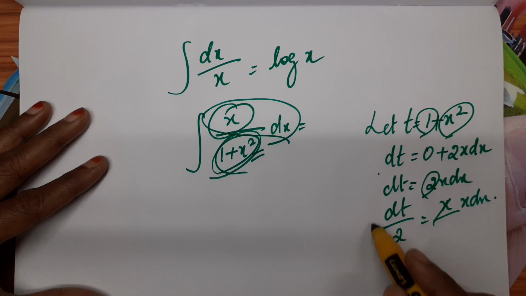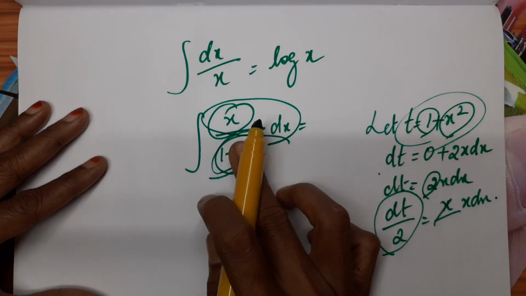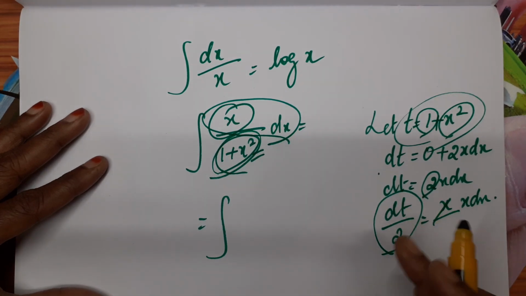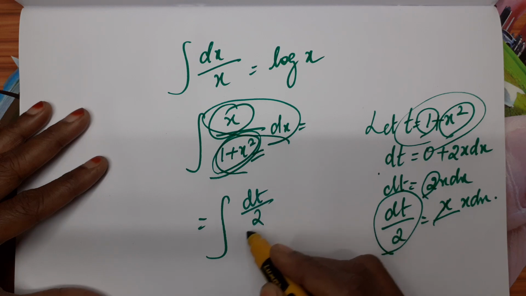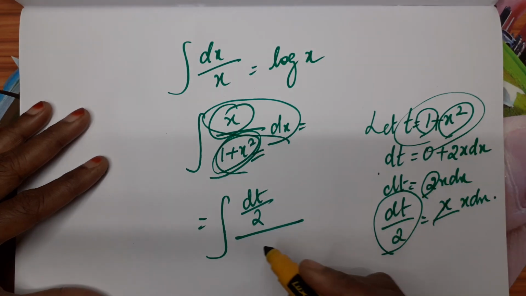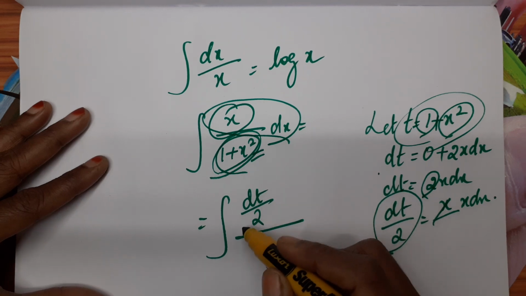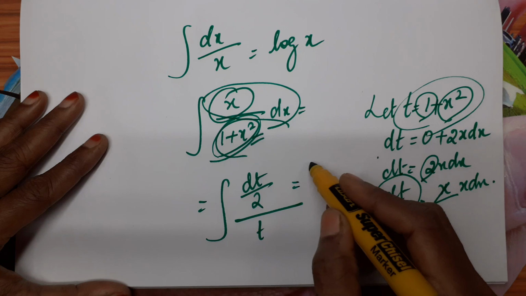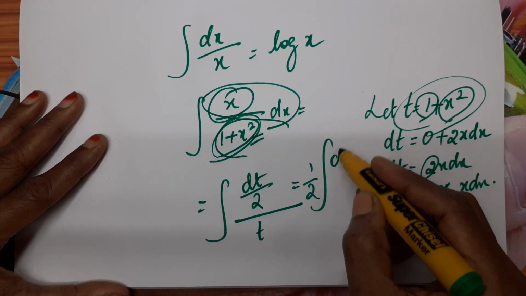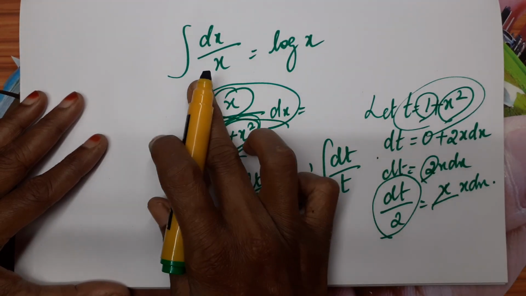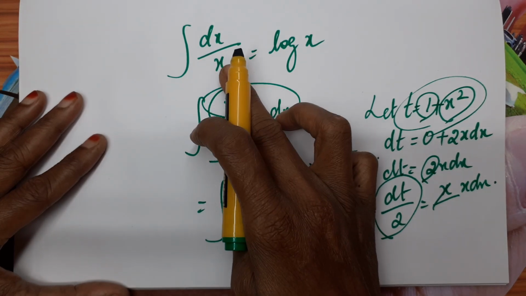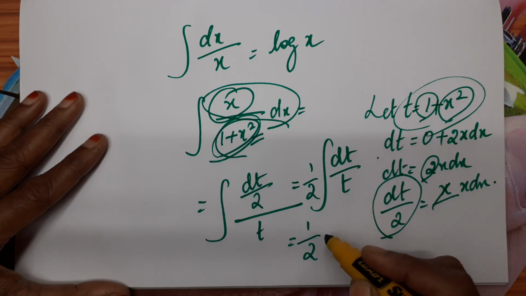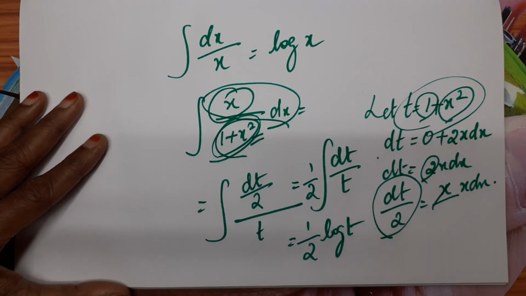Now we are going to replace this as well as this in the integral. So for x dx, we can replace it by dt by 2, and 1 plus x squared we took as t. So dt by 2 by t. Here 1 by 2 is a constant, so I can take that outside: 1 by 2 integral dt by t. Already we know the formula for dx by x. dx by x is log x. Similarly, here it is 1 by 2 into log t.